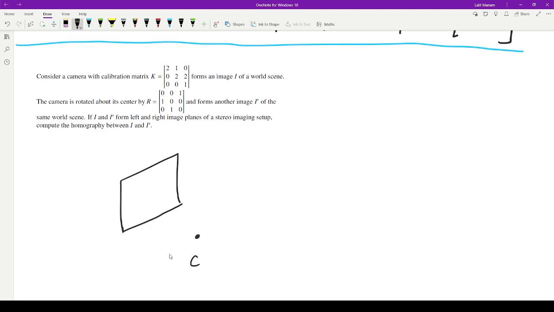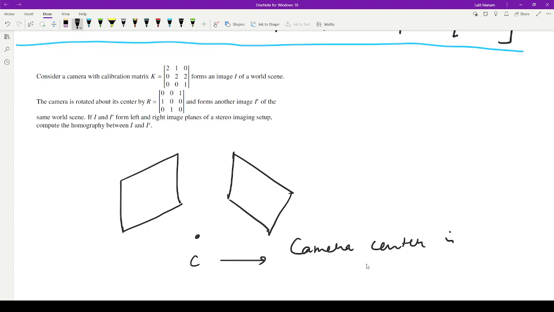The first image plane will look like this. Then the second image plane will look something like this. They both share the same camera center. Does everyone agree with this? Yes, sir.